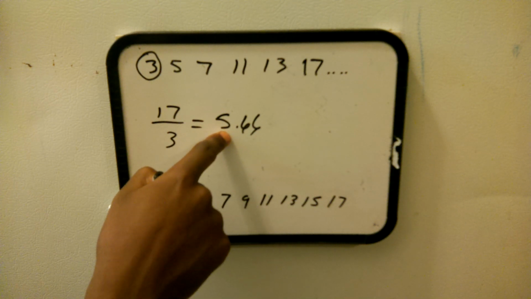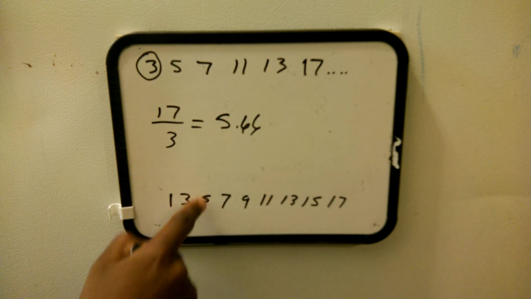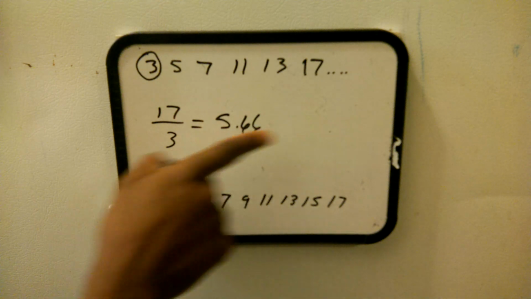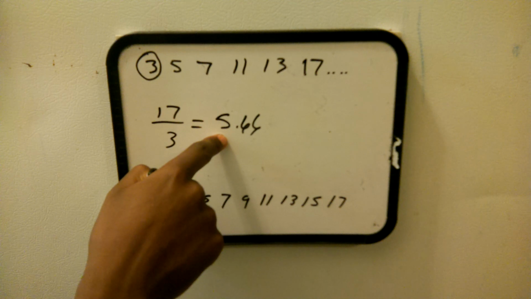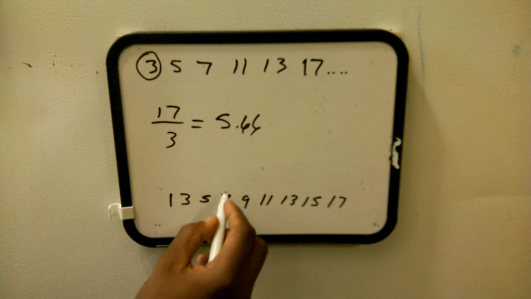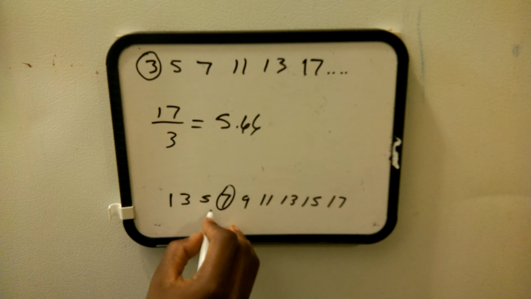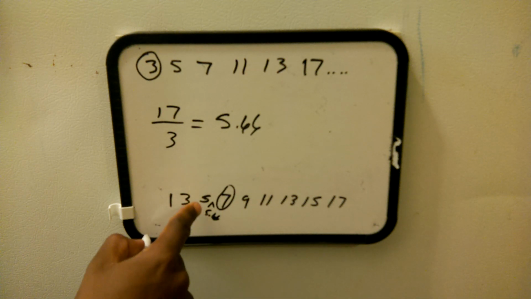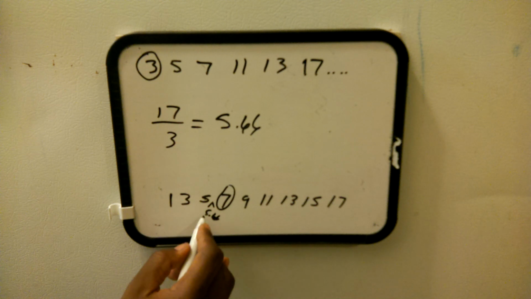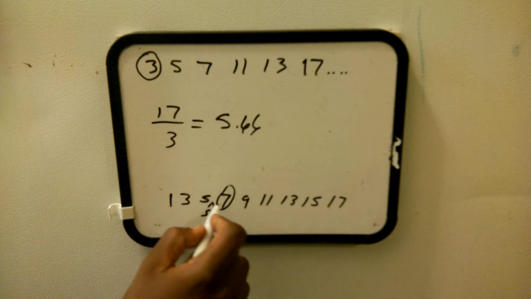What is the nearest odd number? The closest one to this going upwards. Remember, we're adding upwards. So the nearest odd number to 5.66 is 7. Why? Because 5.66 is between 5 and 7. Okay? So that means the nearest one is 7.